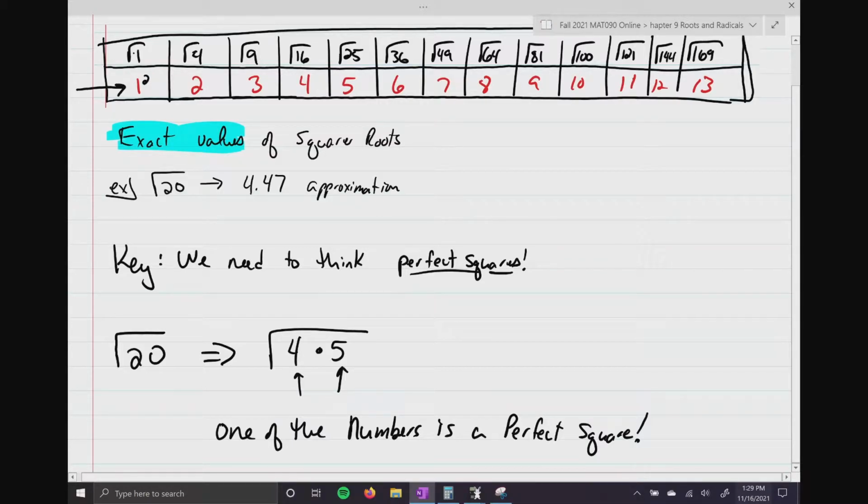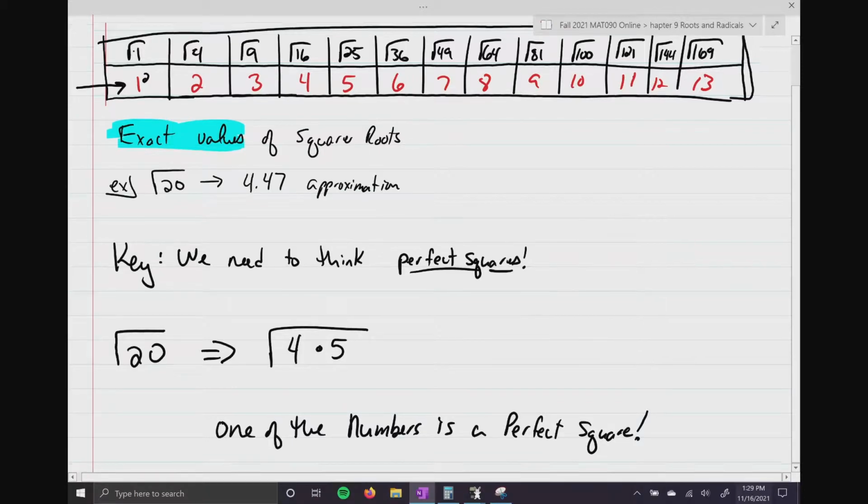Now, before we can do anything further, I'm going to show you the product property of square roots. Okay, so we no longer need this stuff. All we need is this.